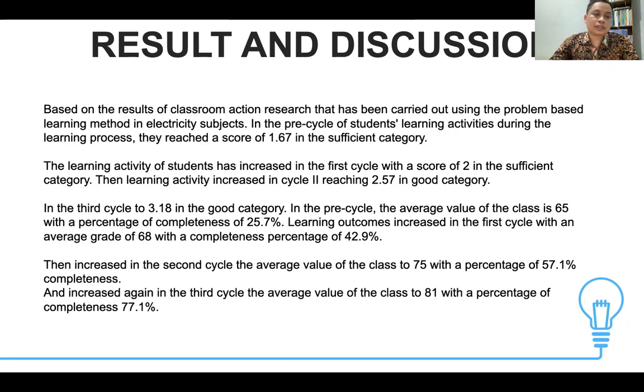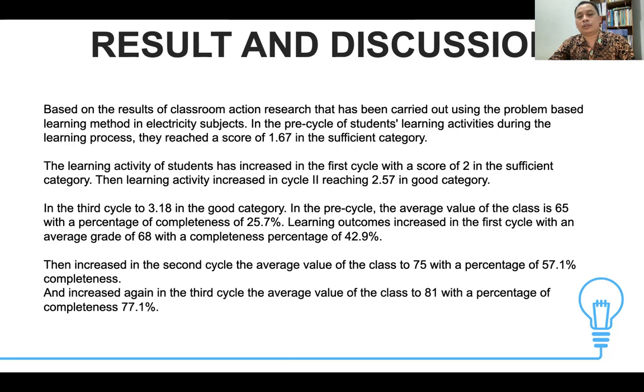The learning activity of students increased in the first cycle with a score of 2 in the sufficiency category. Then learning activity increased in cycle 2, reaching 2.5 in the good category. In the third cycle, it reached 3.1 in the good category.